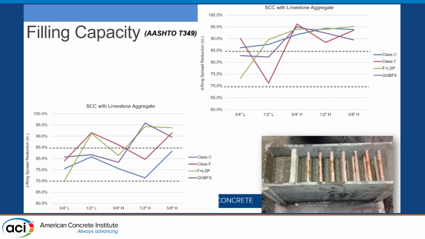Again, looking at the SCM and if there is any clear distinction between their effect on the filling capacity here, and really couldn't find, except that the one with maybe class C fly ash, especially when it's limestone, has the lowest compared to the other three SCMs. But again, it's not a very decisive conclusion because you don't see the trend for SCC with gravel.